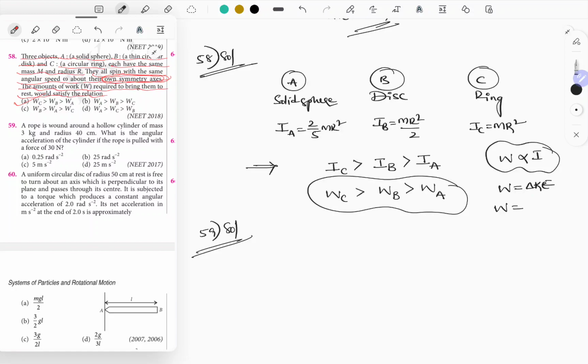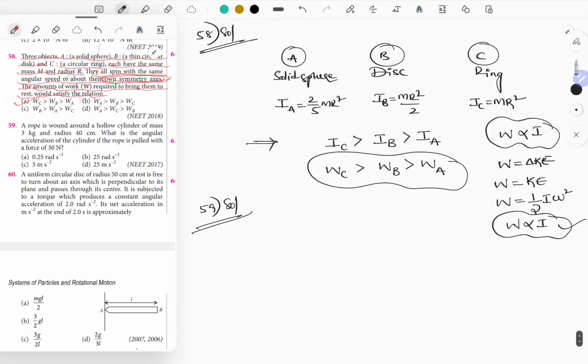So final angular velocity is going to be 0, so final kinetic energy is 0. So work done is nothing but kinetic energy of that object. Kinetic energy of a rotating body is 1 by 2 I omega square. Already they said in the question itself that angular velocity of all three objects is going to be the same. That is the reason W, work done, is directly proportional to moment of inertia. Hope you understood the representation. Is it clear now? Very good.